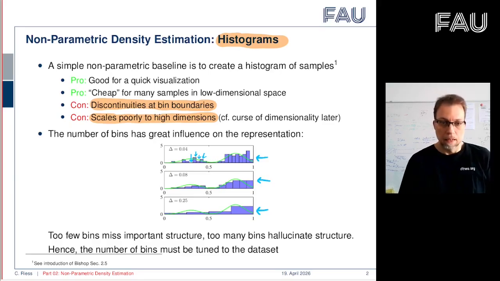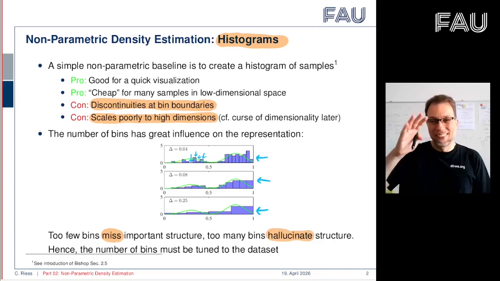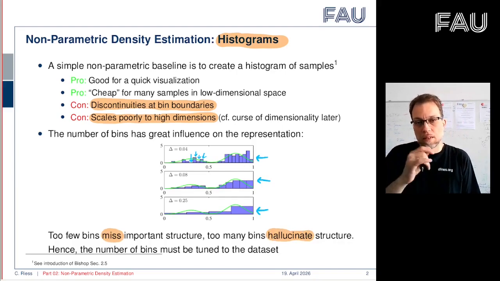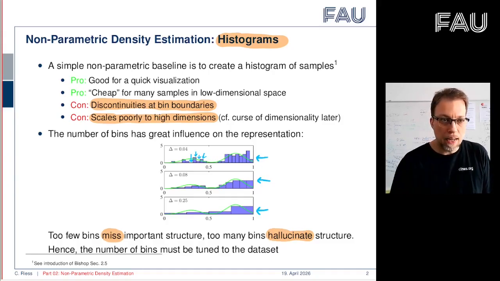Yeah? So too few bins miss important structure, and too many bins, I use the word hallucinate, but you could also say overfit to these input samples. But essentially they are pretending that there's some structure there. No?